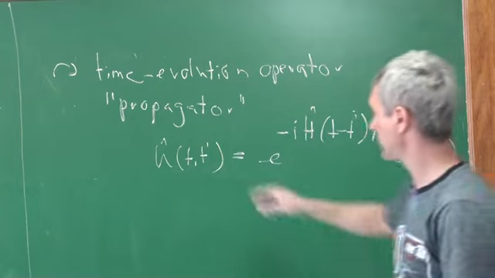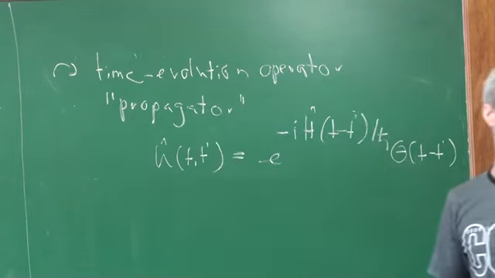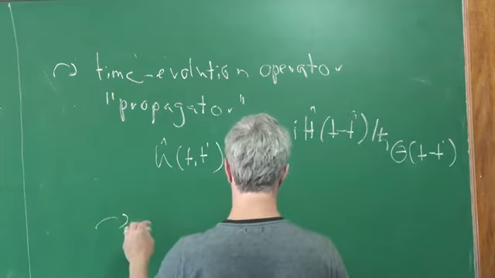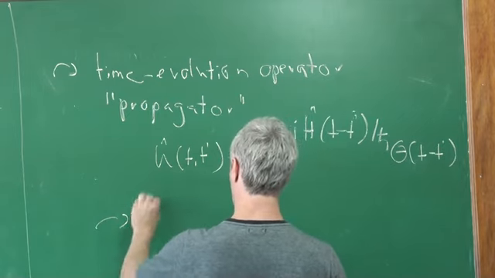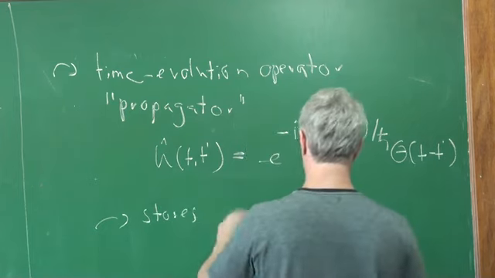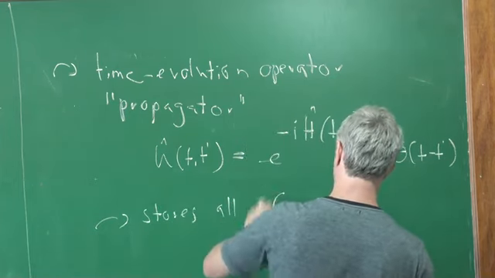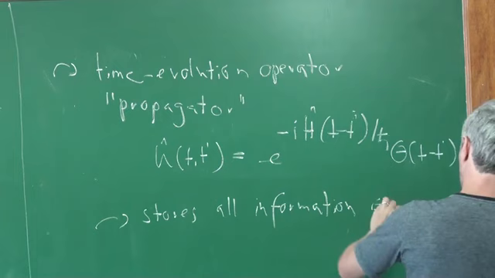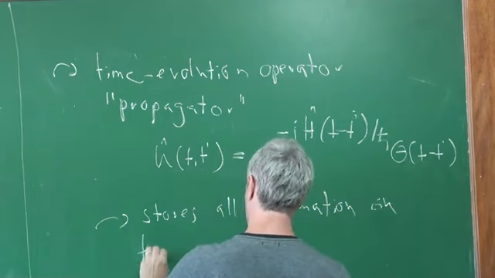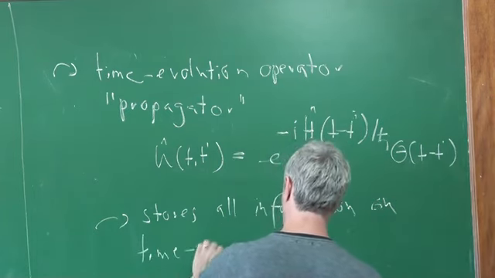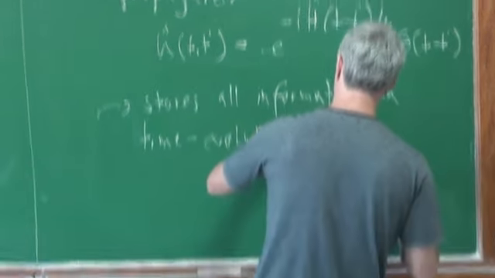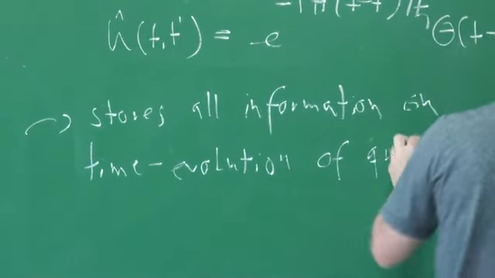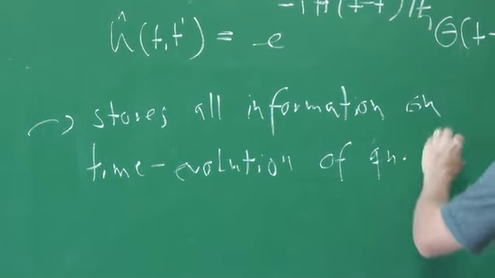So once you understand this object, then you know how a quantum mechanical system evolves. So you want to understand this well.